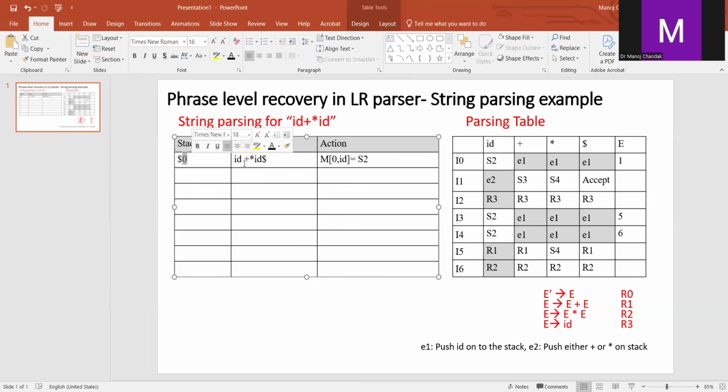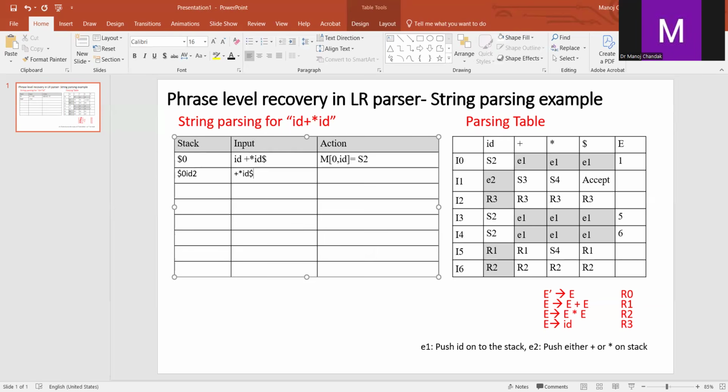So 0 on ID is S2, that is shift to state 2. It means that dollar remains the same, 0 also remains the same, and ID is pushed into the stack covered by 2. And in the input we have plus, star, ID, and dollar.